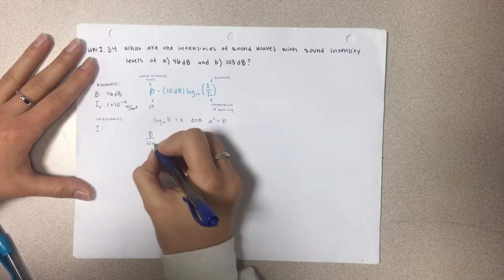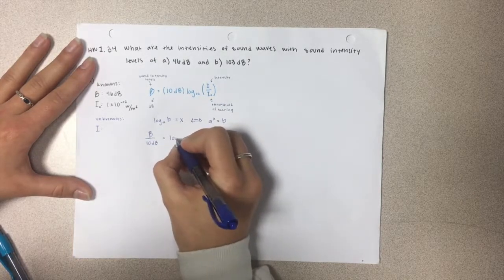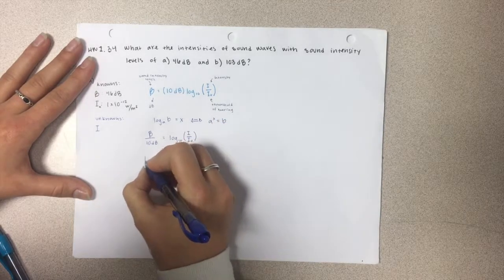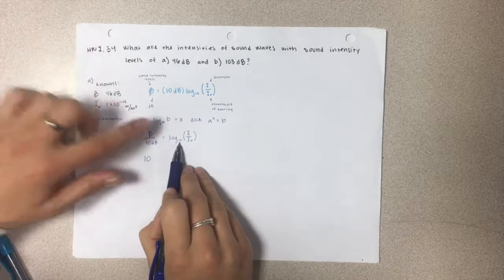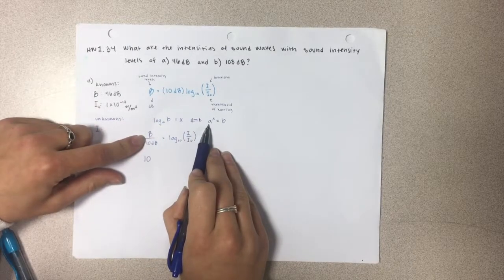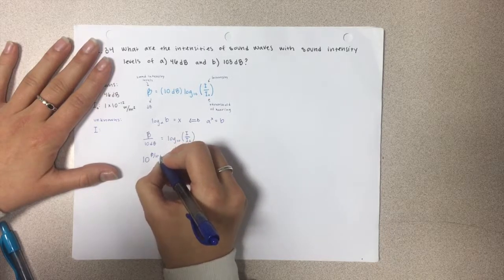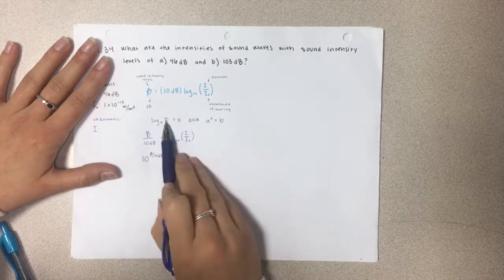So using this, we can see that the a and the 10 are equivalent, so we're going to be raising this part of the equation to 10, and we're going to set that equivalent to what the log is acting on, b, which is intensity over the threshold of hearing.